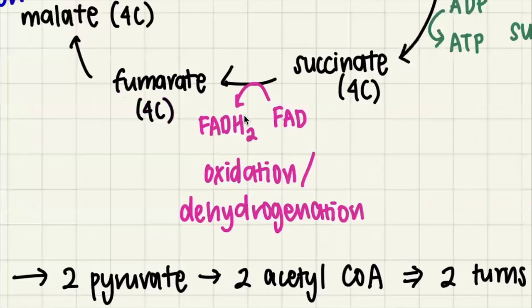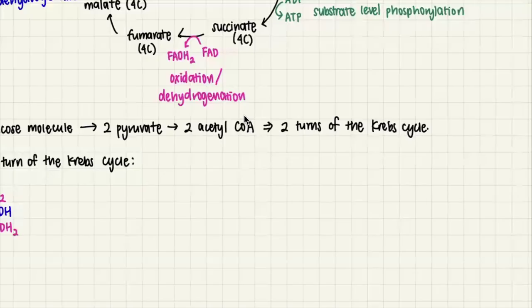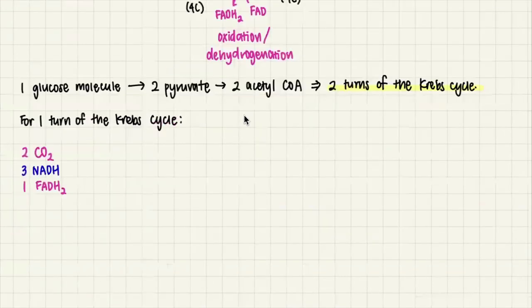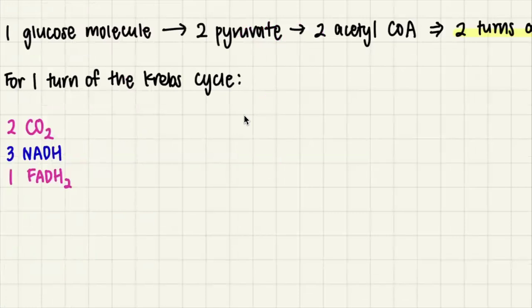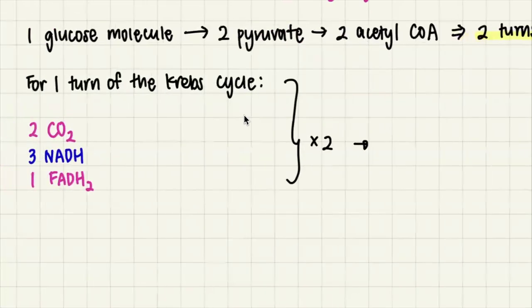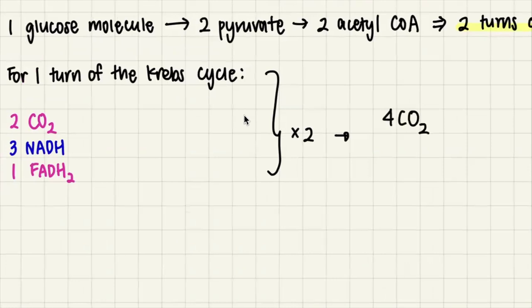And then one molecule of FADH2. But remember that 2 turns of the Krebs cycle occur. Therefore, we need to multiply by 2. This whole thing times 2 will give you 4 carbon dioxide, 6 NADH, and 2 FADH2.